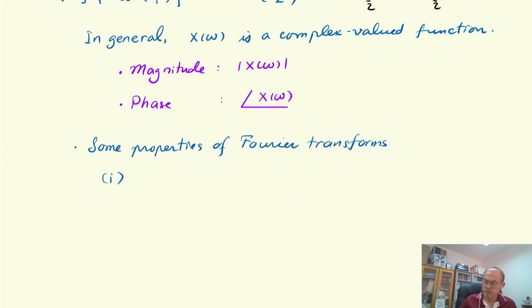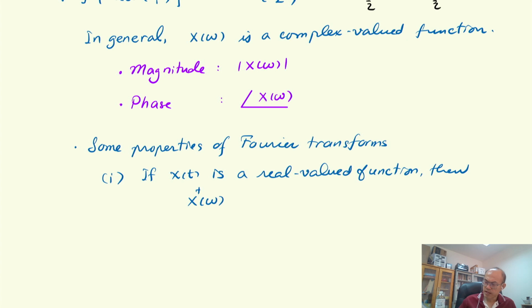The first one was that if x(t) is a real valued function, then X of minus omega will be equal to X of omega conjugate.